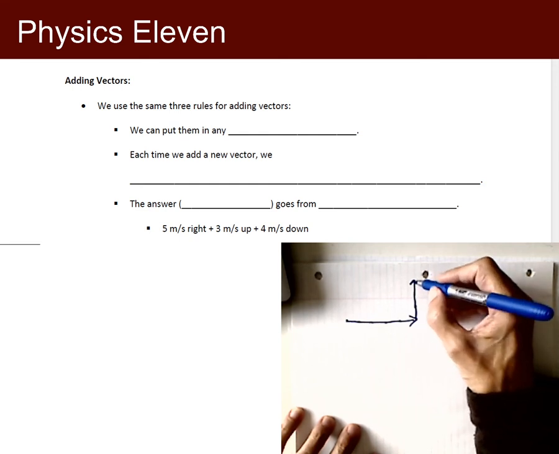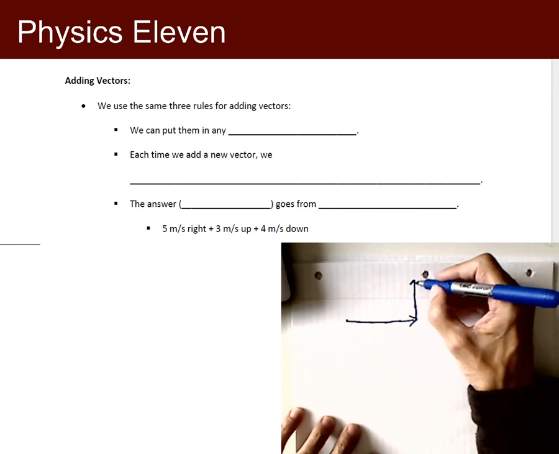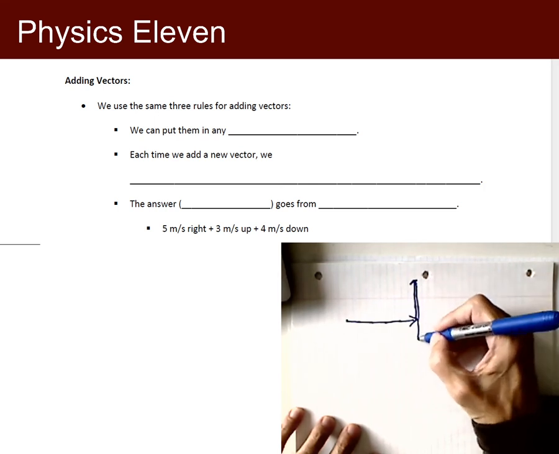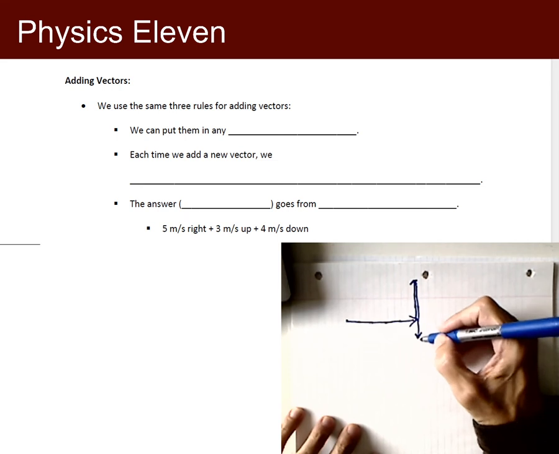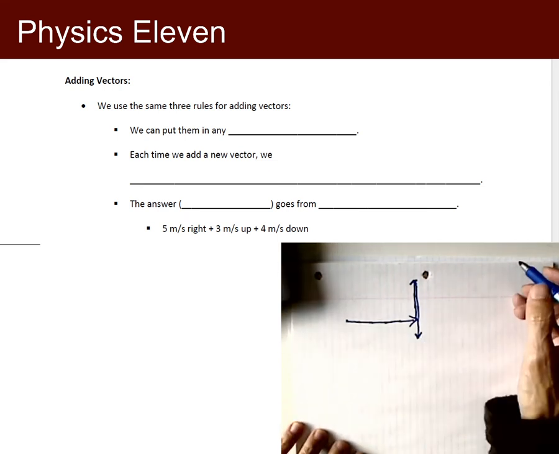So I'm going to do it just off to the side, but it's really over on top of it. It doesn't move over, just so you can see it. So we're here. It goes down by 1 now, 2, 3, and now we're down here. And it's a vector, right? So we've got to have the arrowhead there at the end.